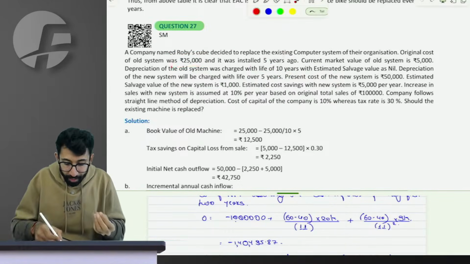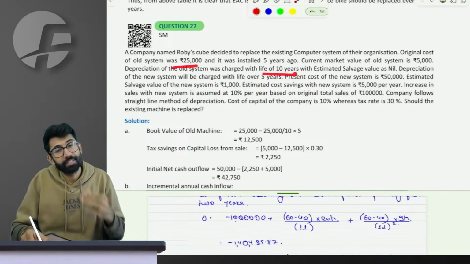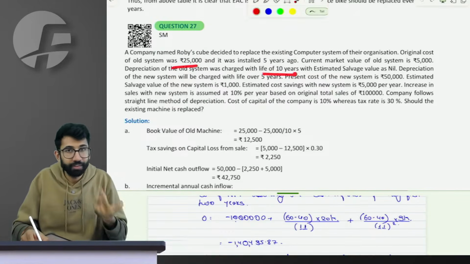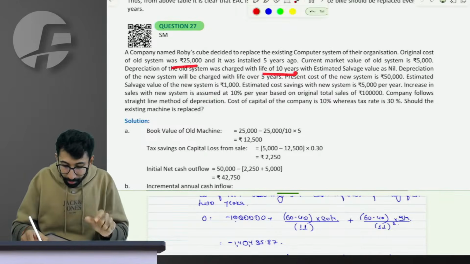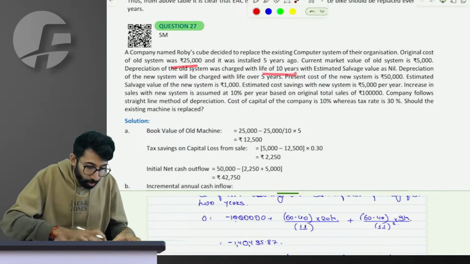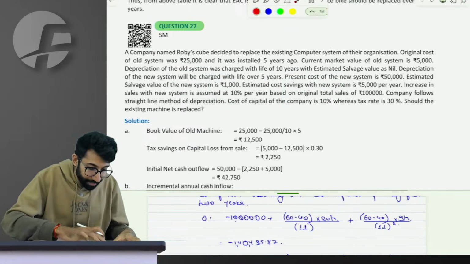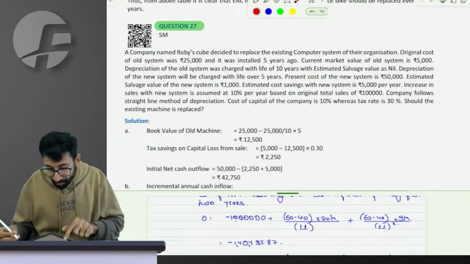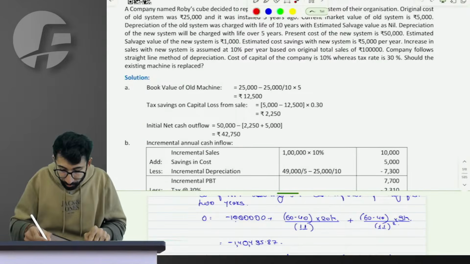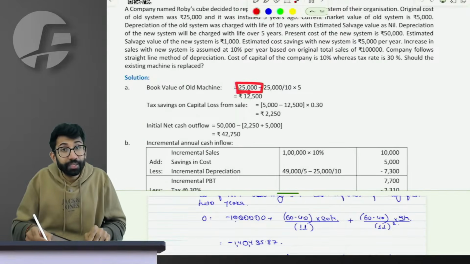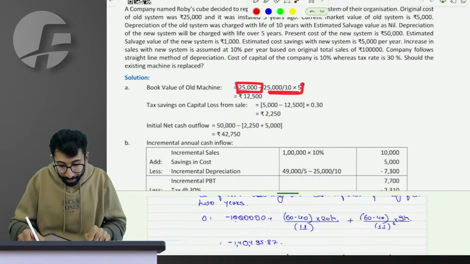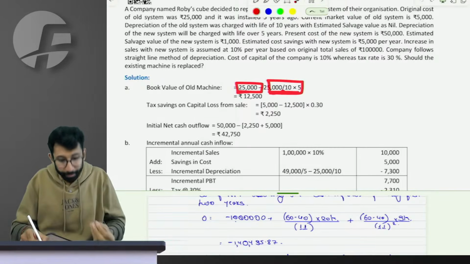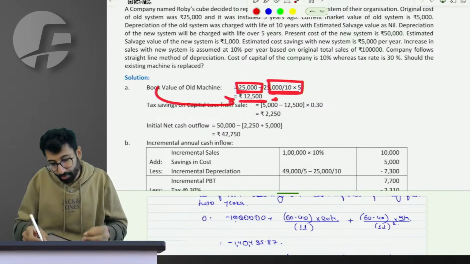Half of the depreciation using SLM has been applied because 5 years out of 10 have passed. So per year depreciation, 25,000 divided by 10 is 2,500. For 5 years, it is 12,500. Out of the total value of 25,000, 12,500 has been depreciated, so the book value now is 12,500.